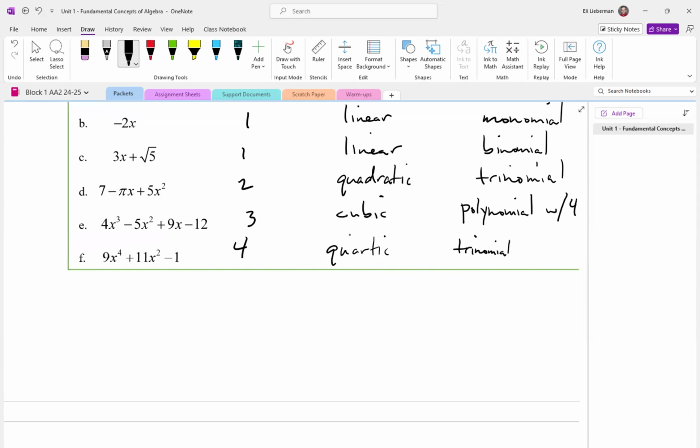So cubic binomial, let's hear it. What's one cubic binomial? Yes, Ben. X cubed plus 4. Are we good with that one? Awesome. Any others?